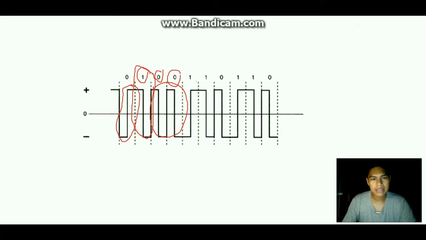And when you can see the change of transition, the binary changes into 1. We can see as the following: the transition is changed, and it is 1. So that's the differential Manchester.